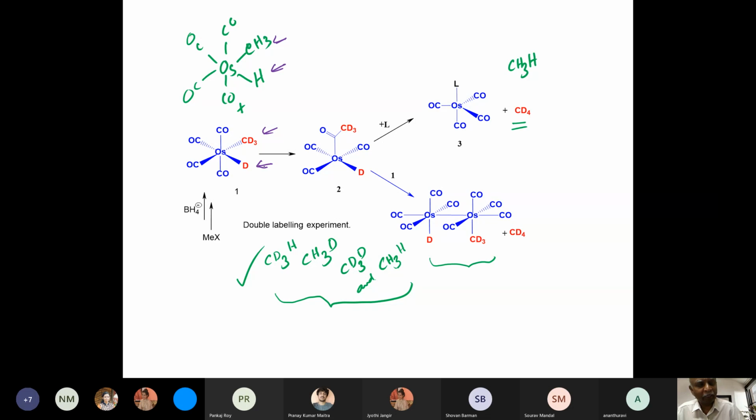The products that you expect are only CD4 and CH4 if there is no mixing possible. But if there are dinuclear intermediates involved like this, you can imagine formation of CD3H, CH3D, and CD4 and CH4. So this type of experiment was done, and they got a mixture of products, which clearly showed that dinuclear species are probably involved.